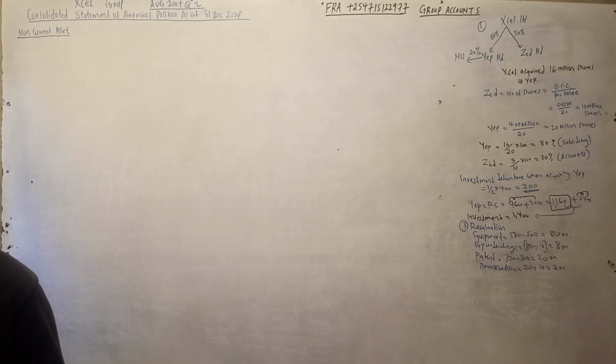Information number 4 is talking about, during the year ended June, Excel Limited sold assets to YEP for 360 million.